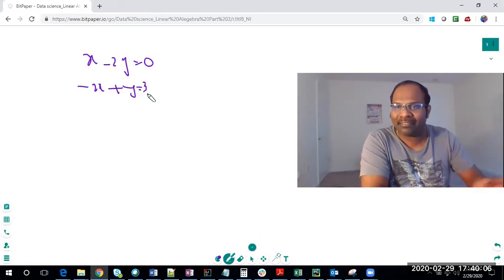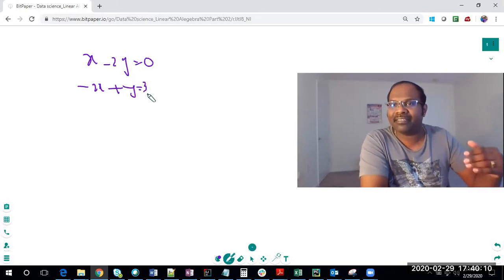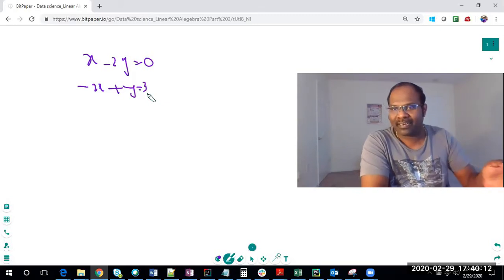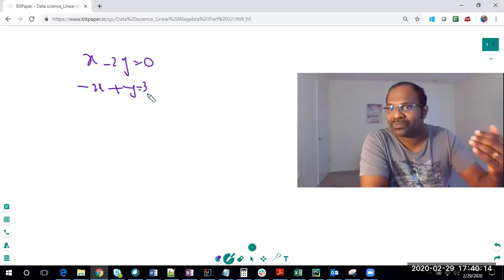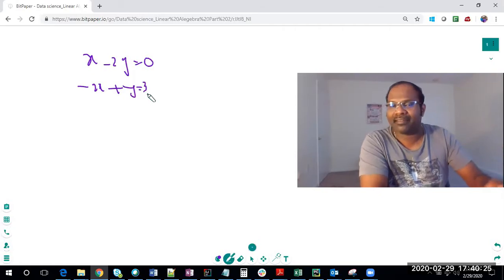So I'm talking in the reverse way now. Once we understand the reverse way, then in the upcoming videos I'll explain more about how to get the coefficient values out of the data given in the x and y plane.